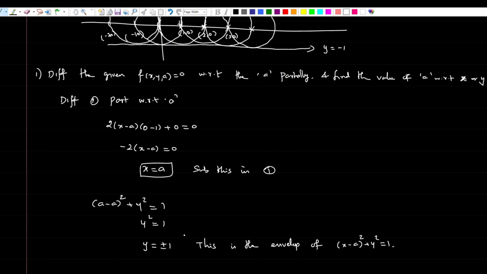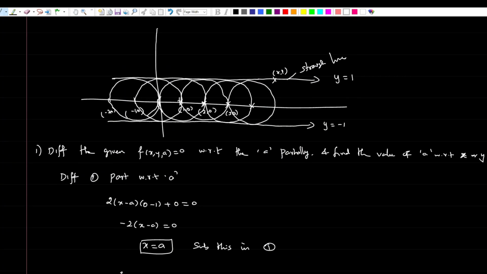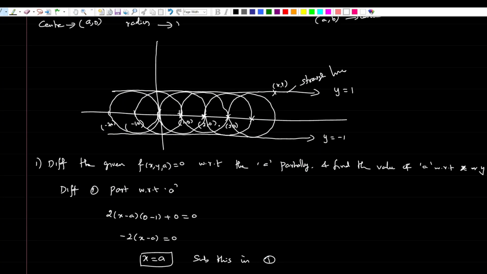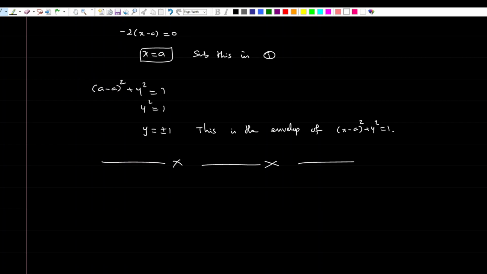And I also see that here I got theoretically y equal to plus or minus 1, and I already showed graphically what the envelope of that family of circles is, that is y equal to 1 and y equal to minus 1. So I think it's very clear for you to find the envelope. This is the first example.